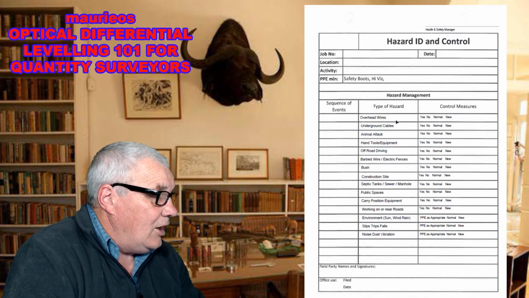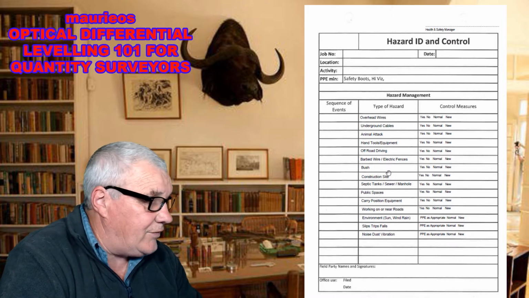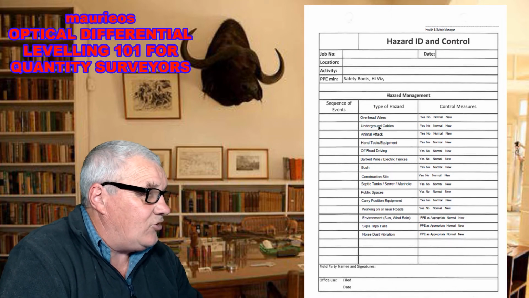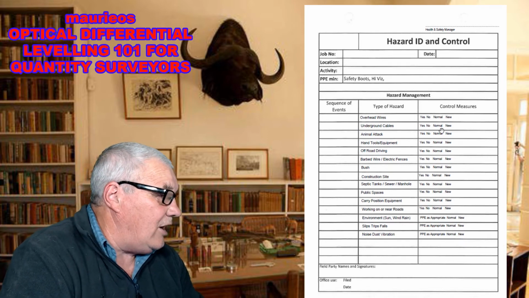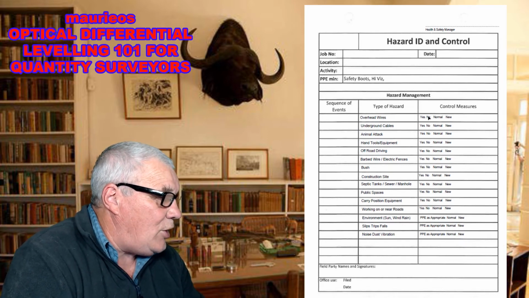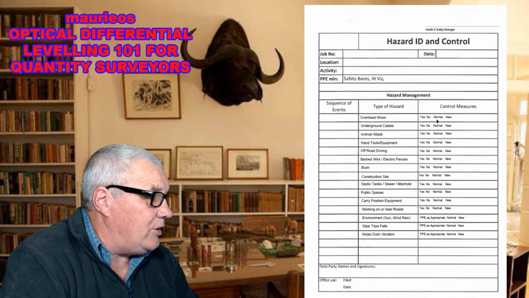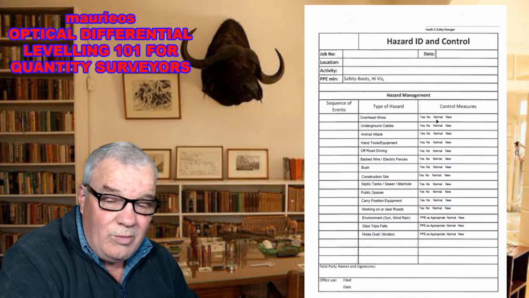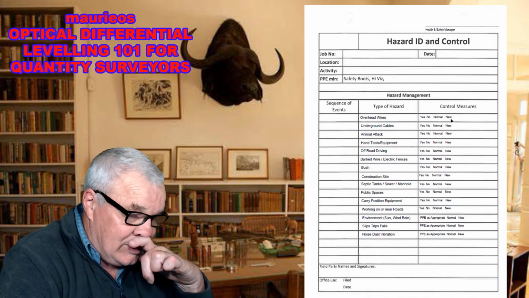Overhead wires and underground cables are the majority of the items that surveyors encounter. For each one of those we can say yes or no, whether they're there, and then the control measures, whether we're going to deal with them normally or do something a bit different because of the circumstance.